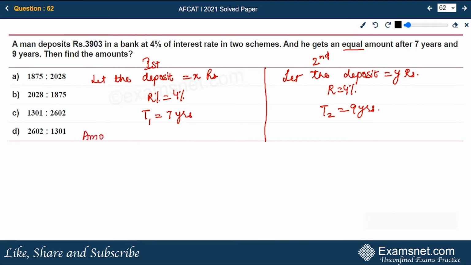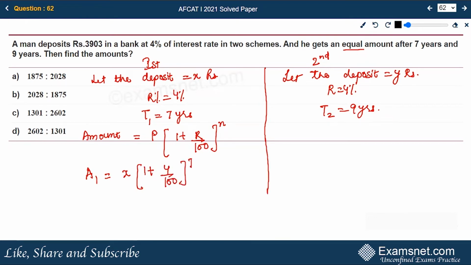So amount is given by the formula P into 1 plus rate upon 100 raised to the power time, which is denoted by n. Let's fill in. First amount will be x into 1 plus rate is 4 upon 100 raised to the power 7. And for the second one, A2 will be y into 1 plus 4 upon 100 raised to power 9.